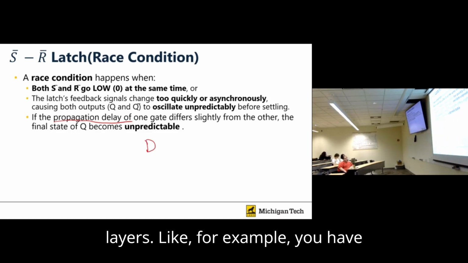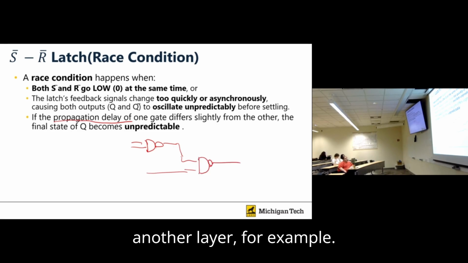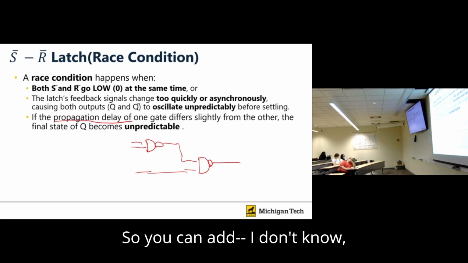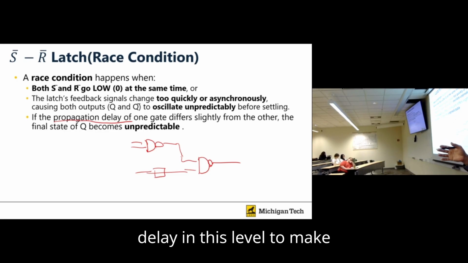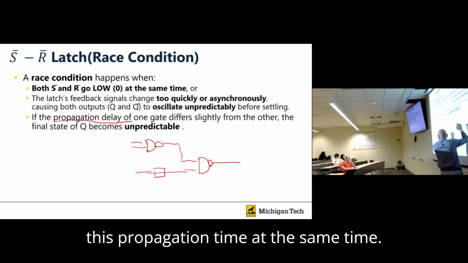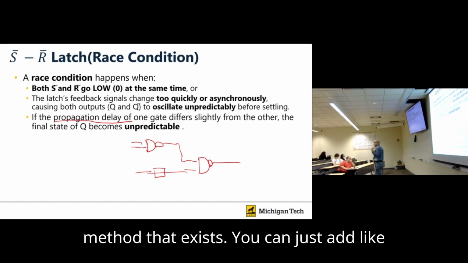For example, you have one layer here, and here you don't have another layer. So you can add a kind of gate just to make a delay at this level, to make the propagation time the same. It's just an example, but this is a method that exists.